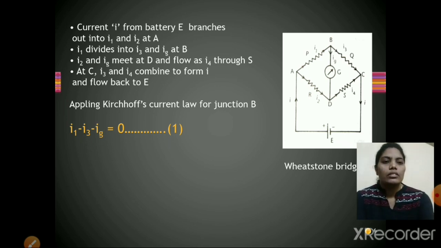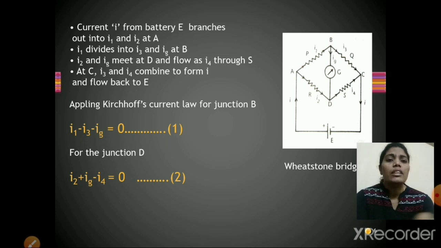Similarly, at junction D you can see I2, IG and I4, where I2 and IG are flowing towards D and I4 is flowing away from D. So the expression is I2 plus IG minus I4 equals 0.